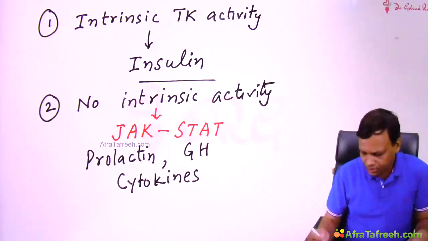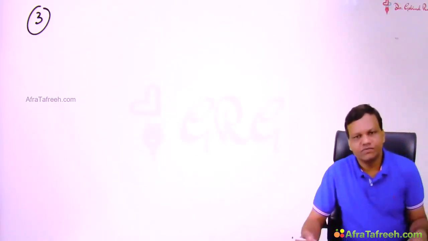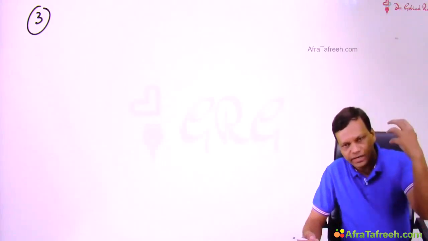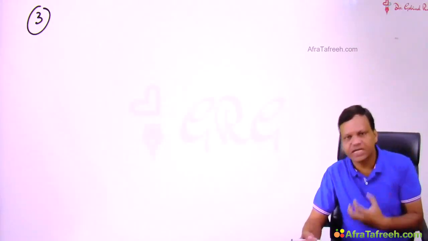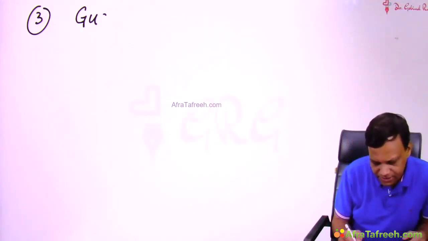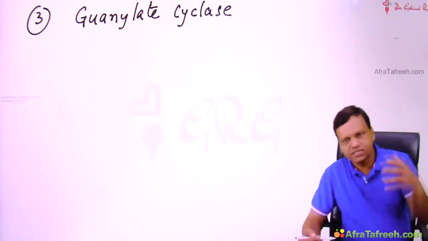Okay. Then the third type of enzymatic receptor may be one which does not contain the tyrosine kinase inside. So the drug binds outside, the enzyme which is activated inside is not tyrosine kinase, it is guanylate cyclase. So the drug may activate guanylate cyclase enzyme inside.